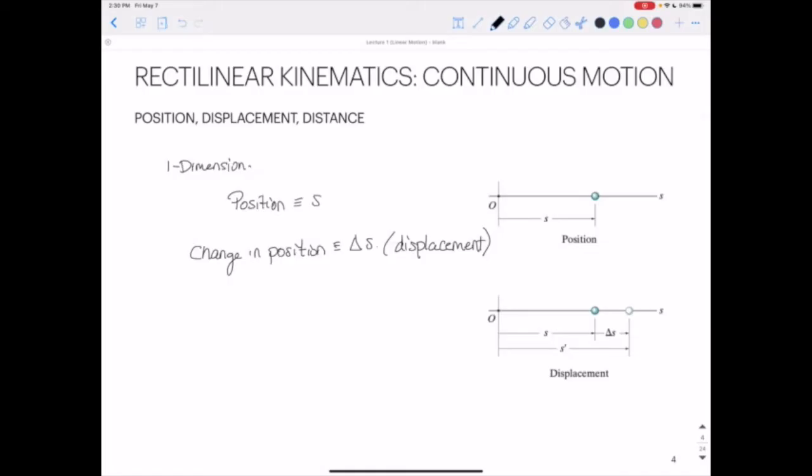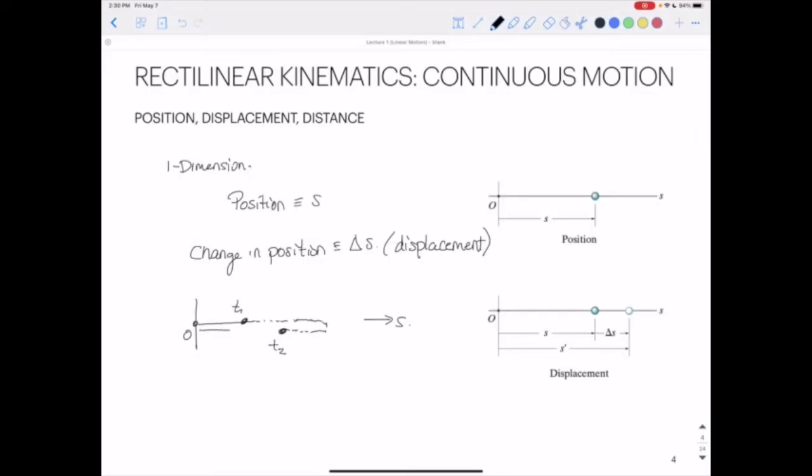So for example, if a particle starts at some point s, here's our origin. Let's say this is our s-axis. And let's say at time 1, the particle is here, and then it moves some distance, and maybe it comes back at time 2.